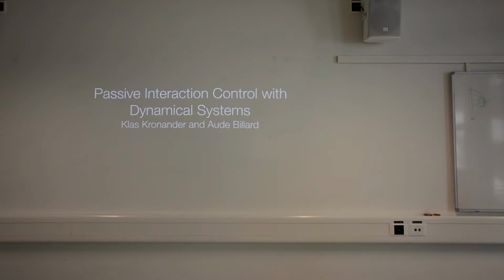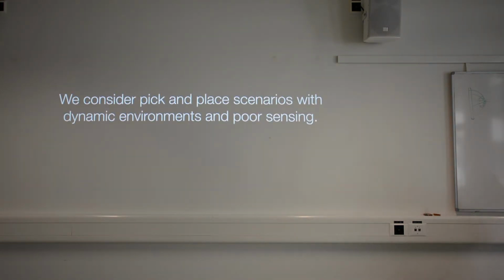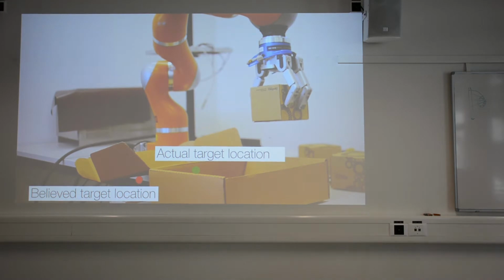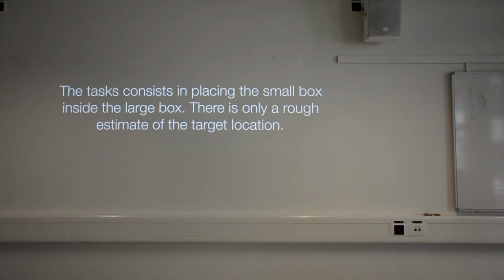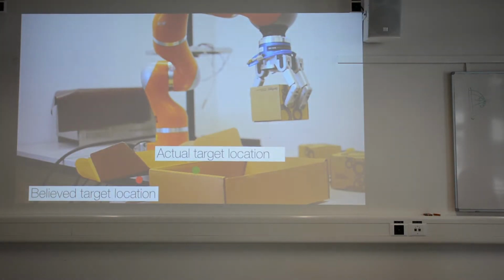Here's an example of how this controller works on real robots. Here's the actual target, and the believed target is there, so there's some uncertainty in the targets.